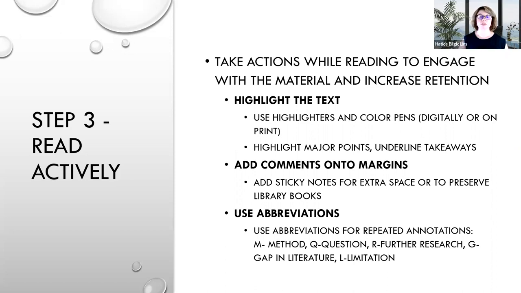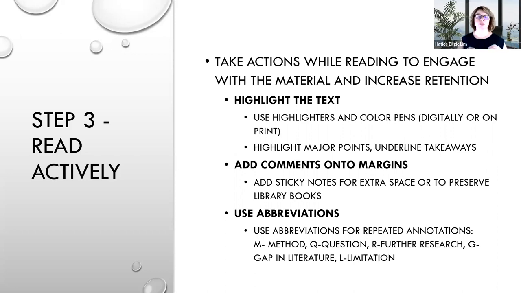The active reading actions can be applied to both digital or printed materials. The first action is highlighting or underlining the text for major points. You can use a highlighter or color pens. The second is adding comments onto margins or using sticky notes for extra space or to preserve library books if you're using them.